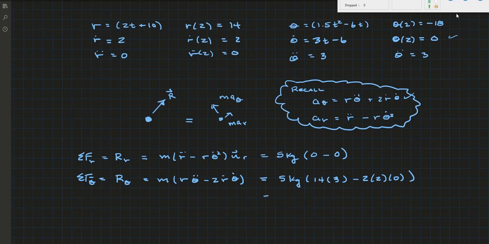What we're left with is 5 times 14 times 3. And that gives us a final resultant force of 0 in the r direction plus 210 in the theta direction, and that is in newtons.